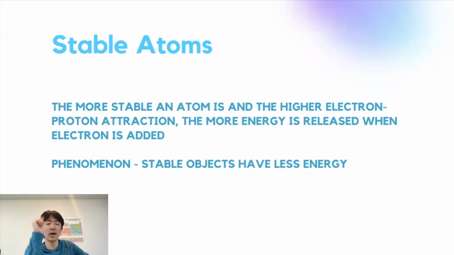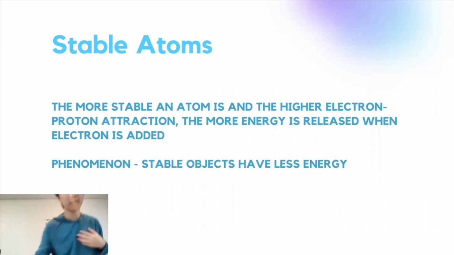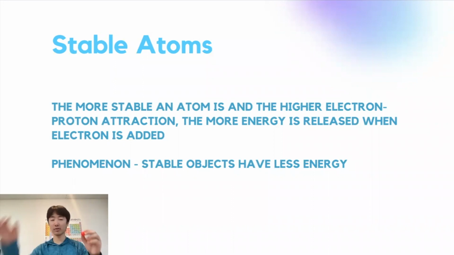The more stable an atom is, the higher the electron proton attraction, and the more energy is released. Take me for example, right? If I'm really unstable, then I have more energy. If this atom is more unstable, it has more energy. If it's more stable and the electron proton attraction is greater, it has less energy because it can stay in place more, right?